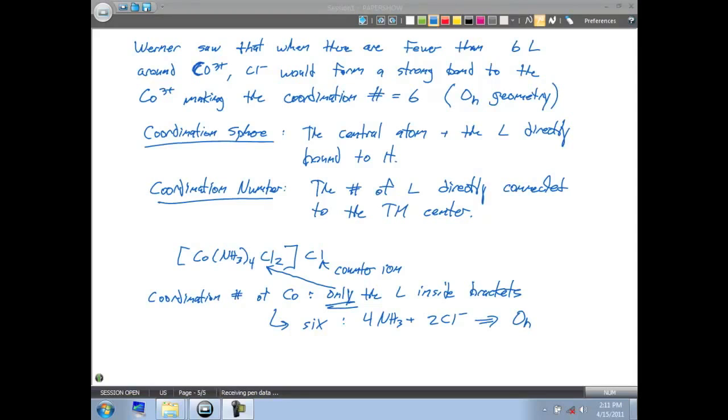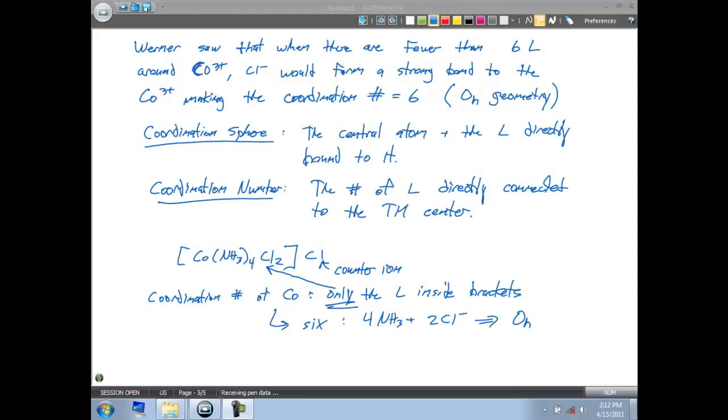So one of the most common mistakes that students can make in these particular examples is to include the counter ion. Remember, the counter ion makes these particular complexes salts. If I take a salt and dissolve it into water, it's going to give me a cation and an anion. When I refer to the coordination number of a complex ion, we are only referring to the particular cation.